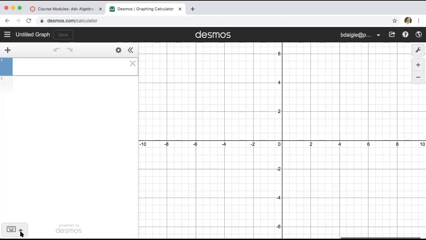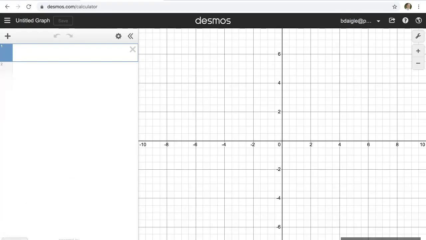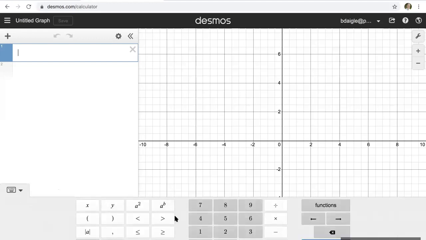Now, if you go down to the bottom, let me just make sure this is full screen here. In the lower left-hand corner is Keypad, and that will give you the opportunity to use the inequality signs.